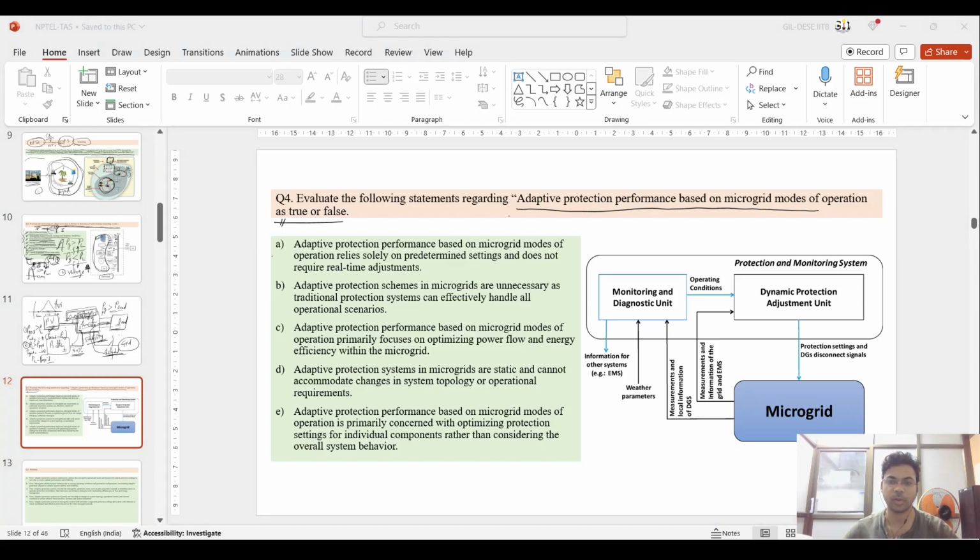If you are not able to understand anything, you can write in the chat box and ask.